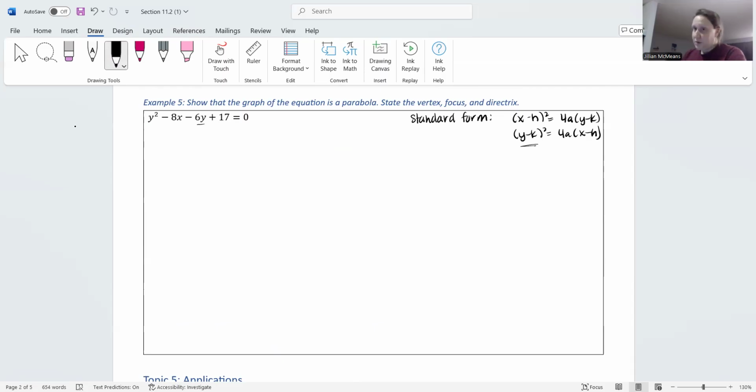And because the y is what's squared here, I want to try to start by completing the square for y, okay? So I'm going to leave y squared minus 6y on the left. I'm going to leave a little space because when we complete the square, we have to add something. And then I'm going to go equals. And then basically what we're going to do here is we're going to add 8x and we're going to subtract 17 from both sides of the equation, okay?